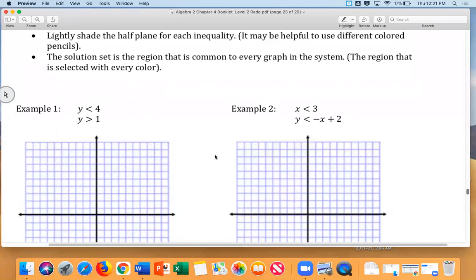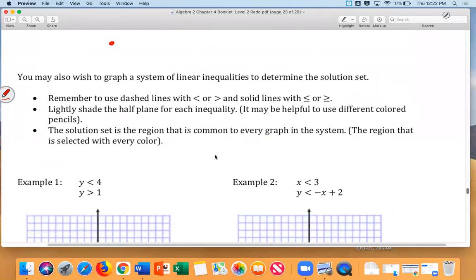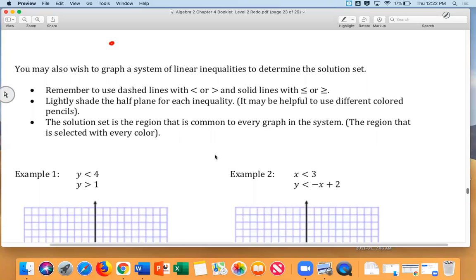Here's how I go about doing this. I'm going to first identify my first equation. That's going to be done in red. What we need to recall is that inequalities with no line under them are dotted.